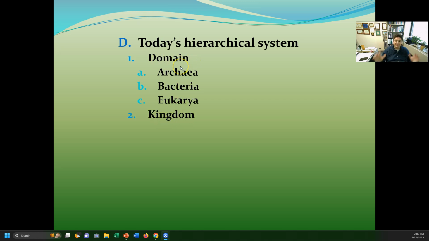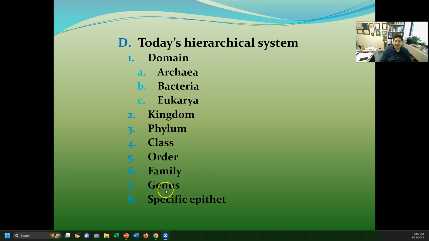Now, domains, the biggest group, are broken down into kingdoms, kingdoms into phyla, plural, phylum, singular. Phyla are broken into classes, classes into orders, orders into families, families into genera, singular is genus, and then an individual species has a specific epithet added at the end.